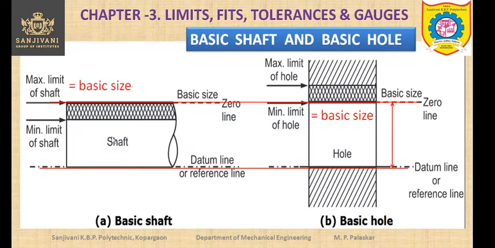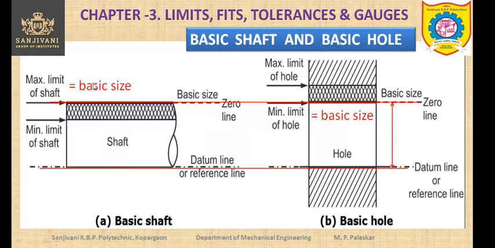Similarly, in case of a shaft, the maximum limit of the shaft is equal to the basic size. So this is the basic size, and this is the maximum limit. From here to here, it is the basic size as well as the maximum limit. So they coincide. The maximum limit line coincides with the basic size line, or the 0 line.